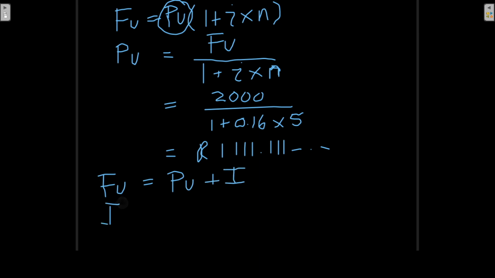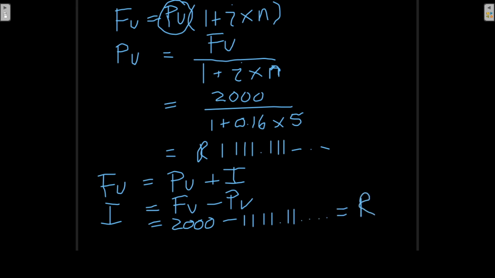So the interest must be equal to the future value minus the present value. The future value is 2,000 rands. The present value we've calculated just now. And then we get that our interest is equal to 888 rands and 89 cents.